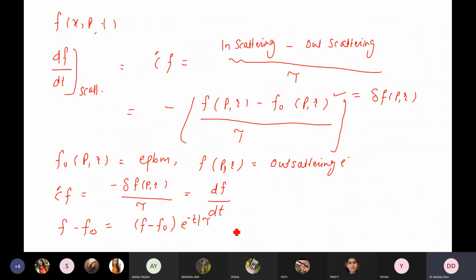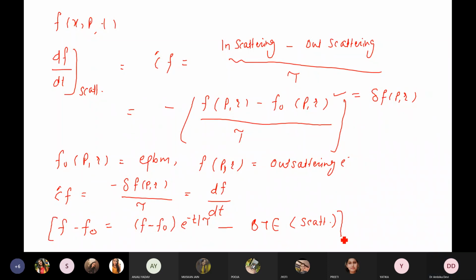Okay, so what does this equation mean? This is the actual Boltzmann transport equation in presence of the scattering process. Therefore, when an external field is removed, you can see from this equation that f minus f naught decays to 0 in this fashion.